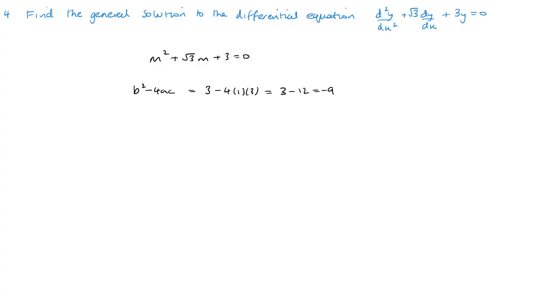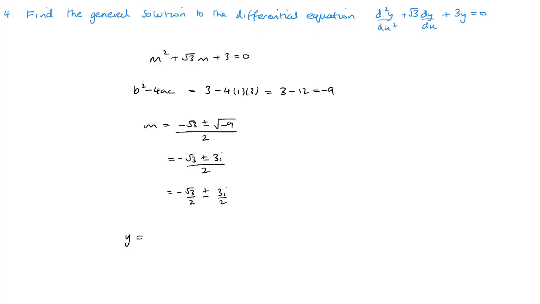Okay, which is obviously then going to be complex. So m equals minus b, so minus root 3 plus or minus square root of minus 9, all over 2a. So we've got minus root 3 plus or minus 3i all over 2. Now if I just separate them out, minus root 3 over 2, plus or minus 3i over 2. Okay, or 3 over 2 i.